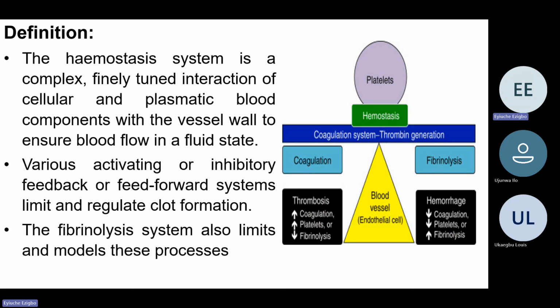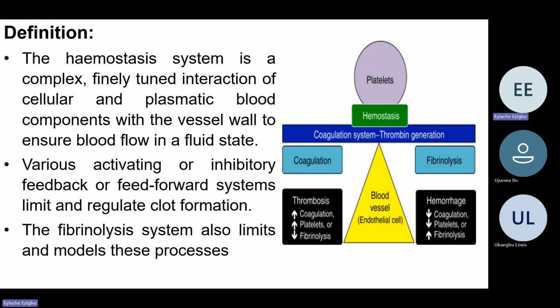So by definition, we can say the hemostatic system is a complex, finely tuned interaction of cellular and plasmic blood components with the vessel wall to ensure blood flow in a fluid state. Okay? And various activating and inhibitory feedback or feed-forward systems limit and regulate clot formation.